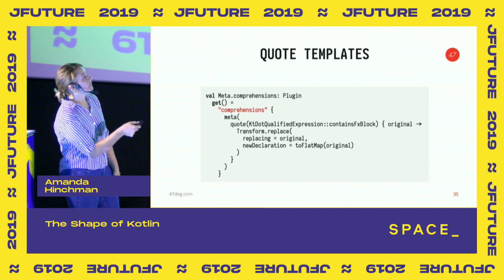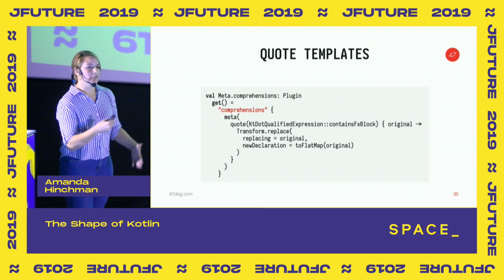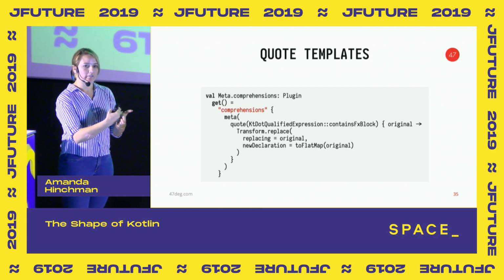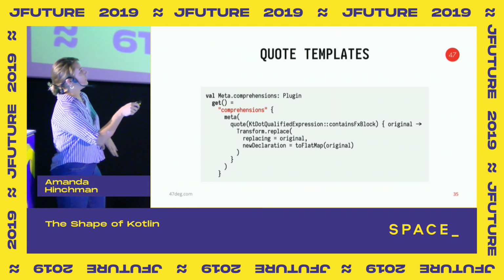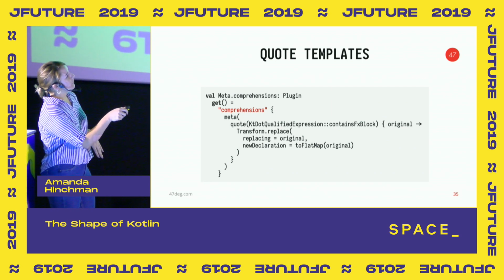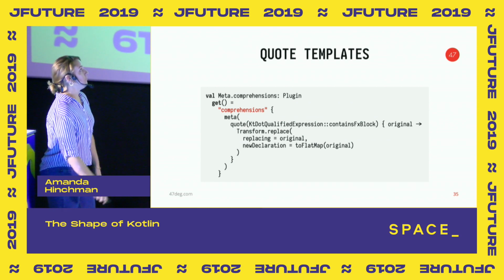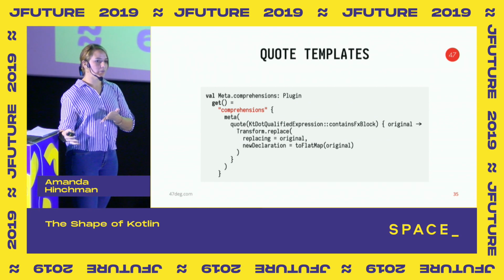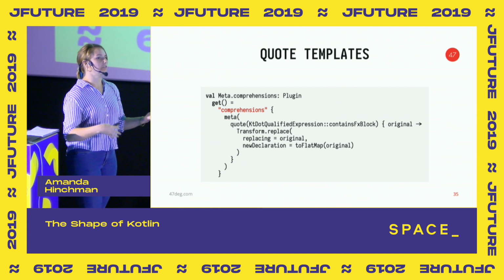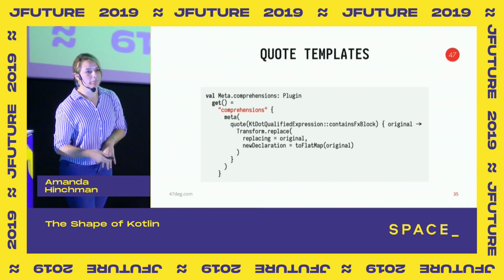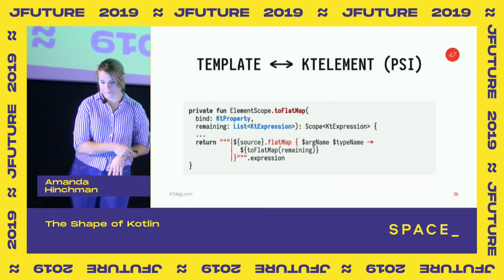Transforming the code does it at a surface level because you're replacing the PSI itself. So that's the visual component, the front end component. You replace the original code with some kind of flat map version of it. Because we have the ability to expose IR, we also have the ability to transform the code at bytecode level if we wish.